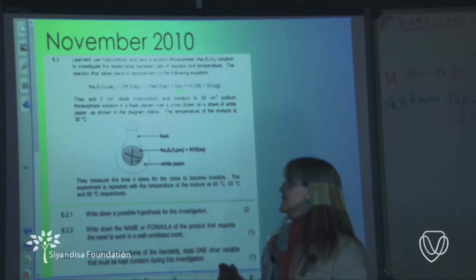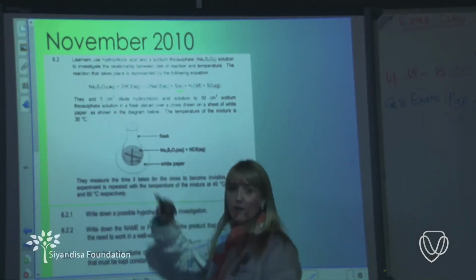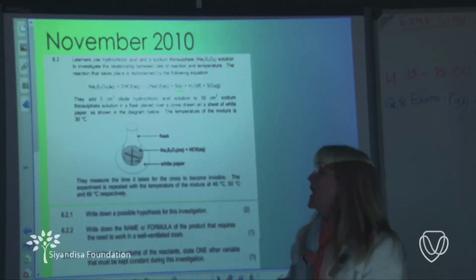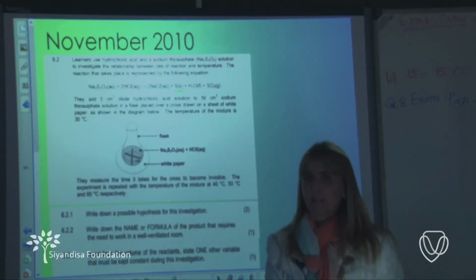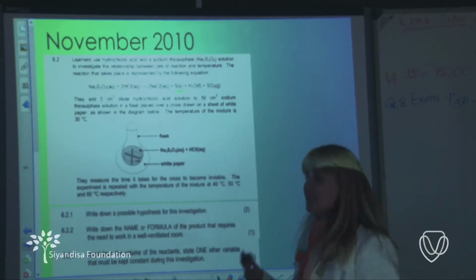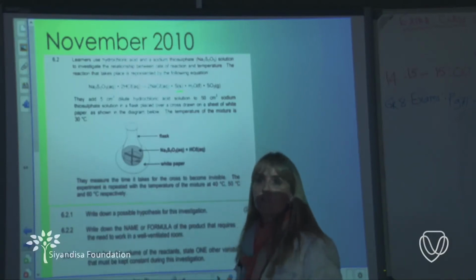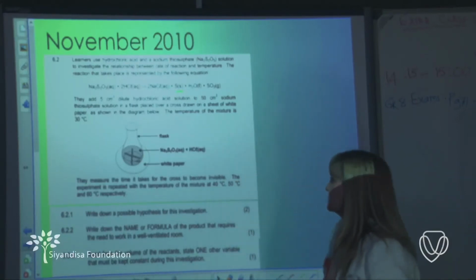As soon as a thick layer of sulfur is formed, we can no longer see through the bottom of that Erlenmeyer flask, and we can no longer see what is on the desk beneath it. The time taken for that to happen allows us then to record the rate of the chemical reaction.